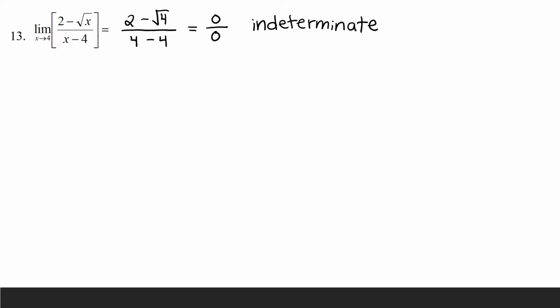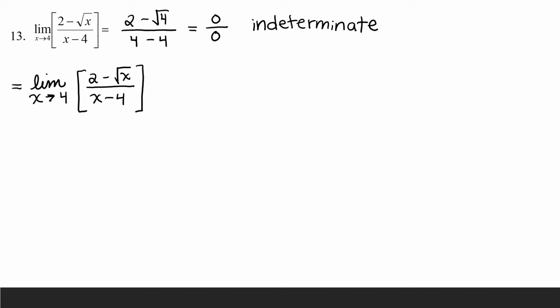When I look at this, I see this something minus something in my numerator, where one of those somethings has a square root, which means I probably want to multiply by the conjugate. I could try something else, but multiplying by the conjugate will probably be what works. So I have the limit as x approaches 4 of 2 minus the square root of x over x minus 4.